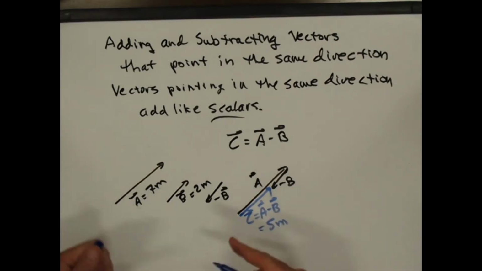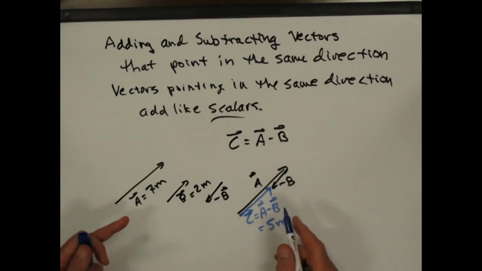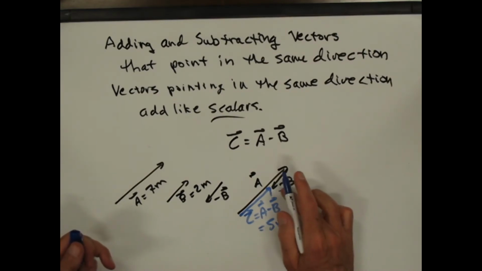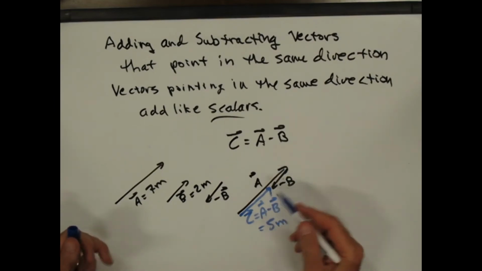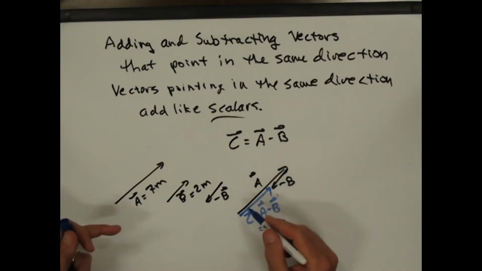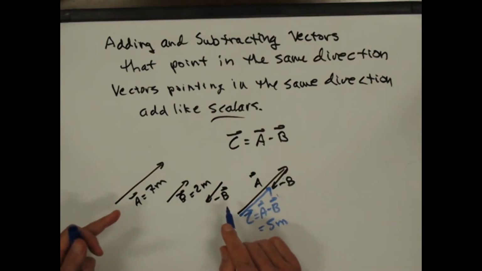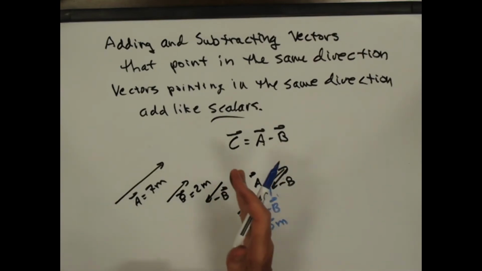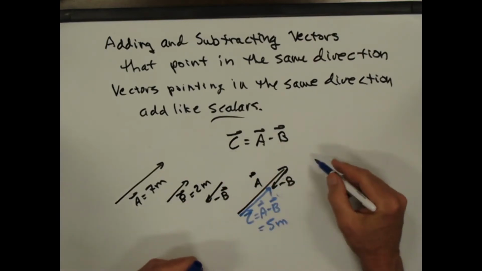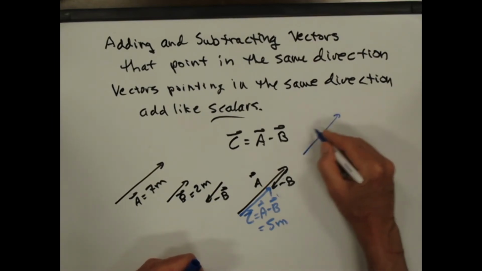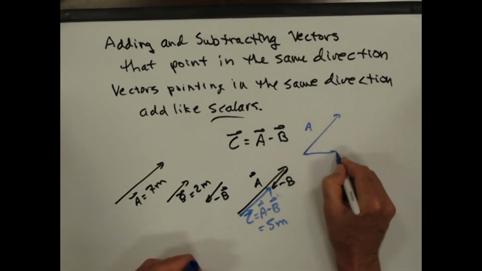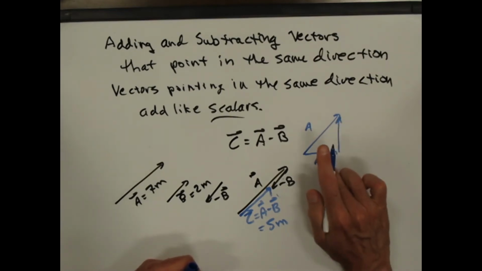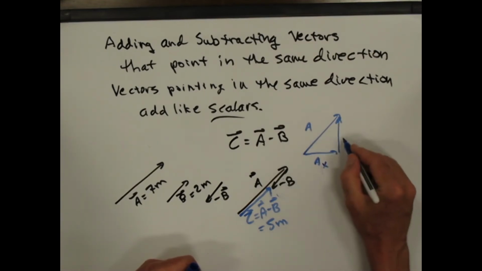And so vectors that point along the same line add like numbers or like scalars, as long as you correctly take into account their sign, the way they're pointing, especially when you're subtracting them. This is a very important point because later on, like in the next section, we'll be breaking vectors into components and then adding up those components. So I might have a vector here, here's my A vector, and I'm going to replace it with its components, what we call AX, the horizontal or X component, and AY.